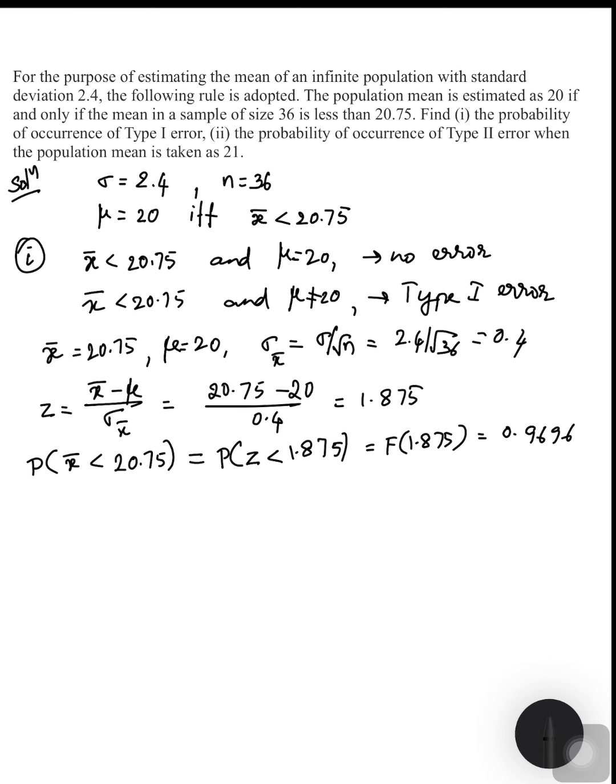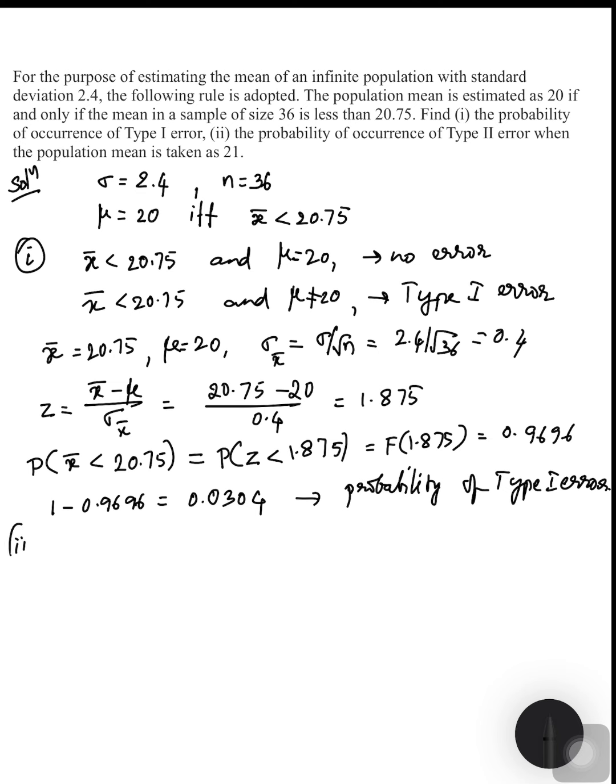Then the probability of type 1 error would be 1 minus 0.9696, which is equal to 0.0304. So this is the probability of type 1 error.